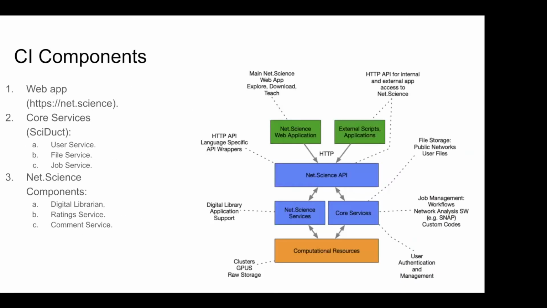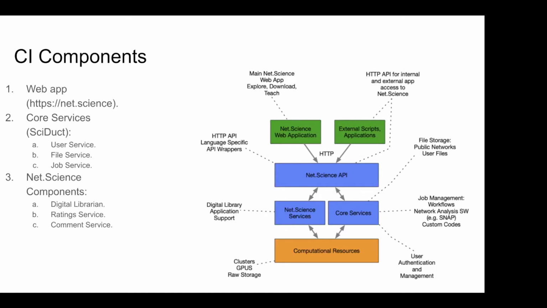So here are the cyber infrastructure core components. At the top, we have the two green boxes. The left box is the Net Science web app. I spoke a little bit about it a couple of slides back. The other green box is for external applications, for example, RStudio or Python notebooks, things of this nature. If we could drill down or go down one level, we have the Net Science API.